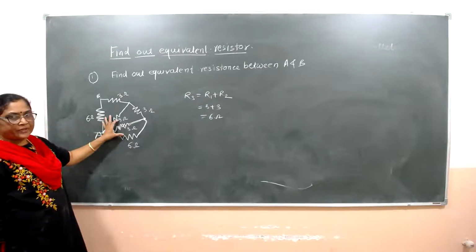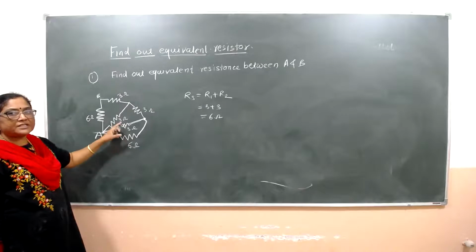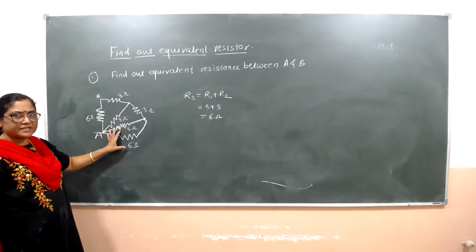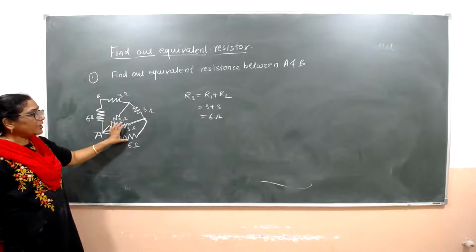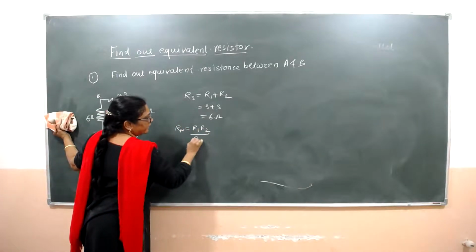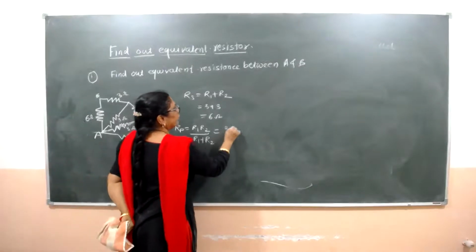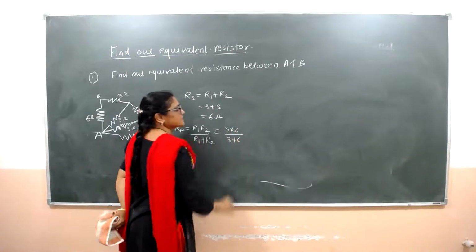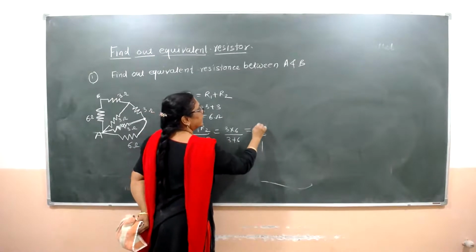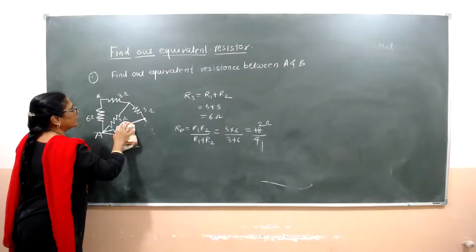Next, solve this. What type of combination is this, the 3 ohm and 6 ohm? Parallel. The ends are the same, and in between are the two resistors, so it is a parallel combination. The formula is Rp is equal to R1 R2 divided by R1 plus R2, which is 3 into 6 divided by 3 plus 6. 3 sixes are 18, 6 plus 3 is 9, 9 twos are 18, so we get 2.